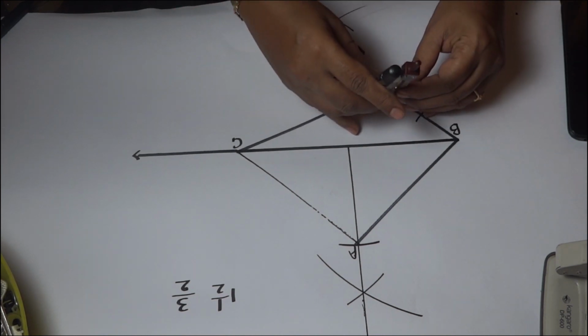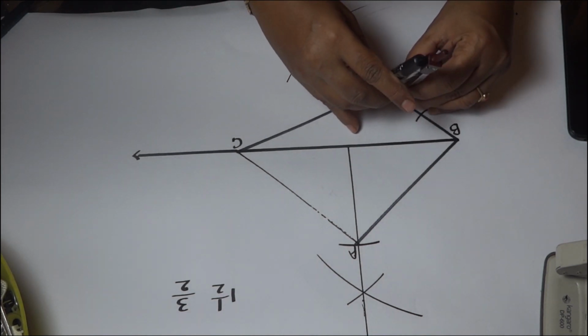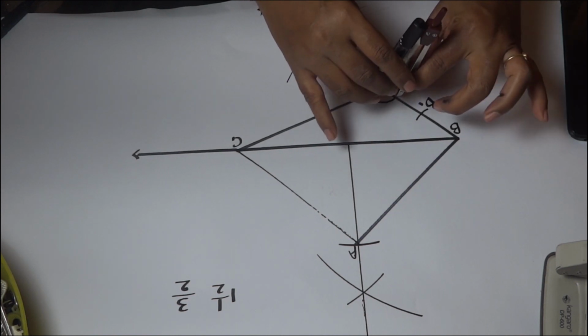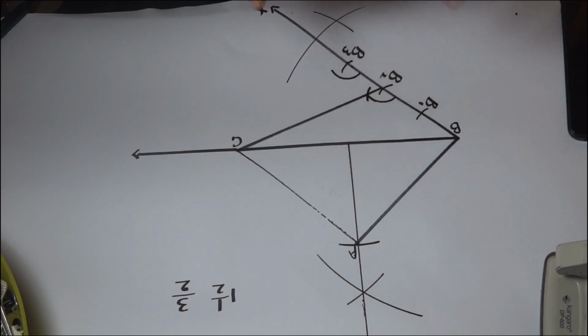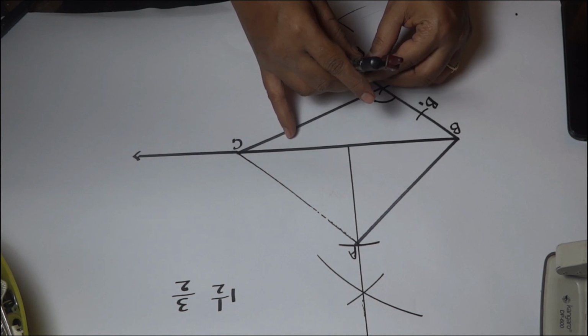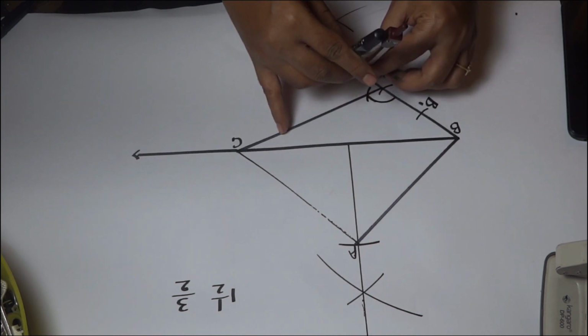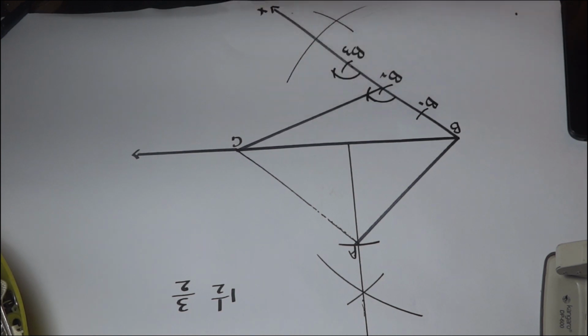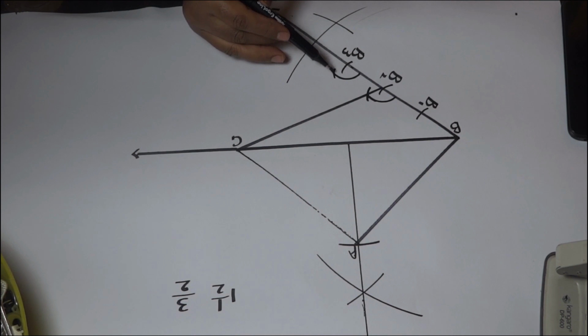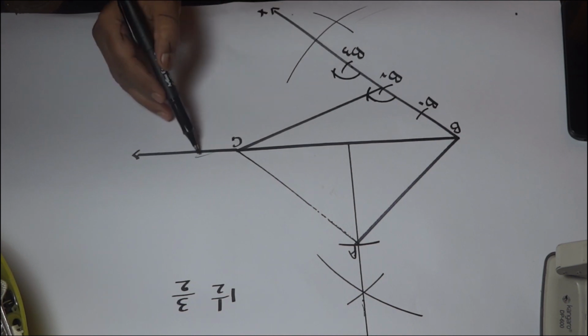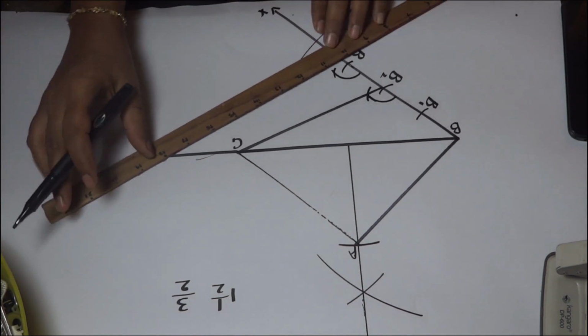Now to take width of this arc or angle, keep the protractor like this, make a mark. That is perfect. Now let me do the same. Let us join this point of intersection and point B3 to this extended part BC.